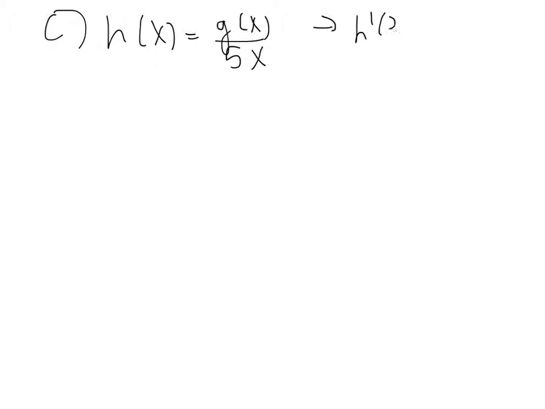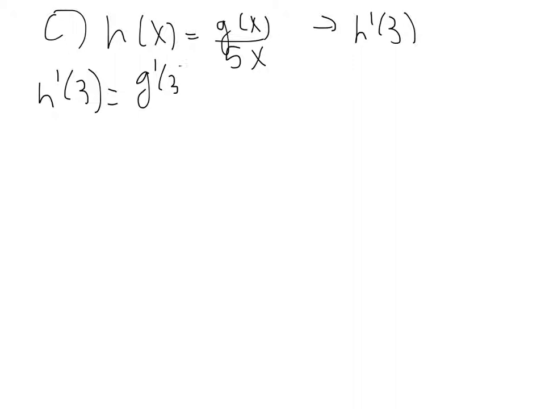Okay. That's part C. Part C is asking us, it says h of x is g of x over 5x, and they want us to find h prime of 3. Now this is going back to those chart problems we did a long time ago, because I have to use the quotient rule here.